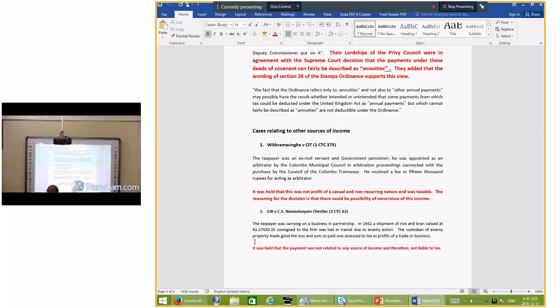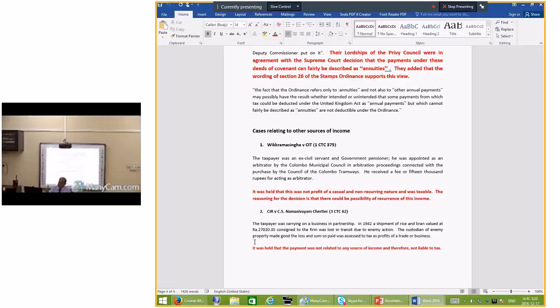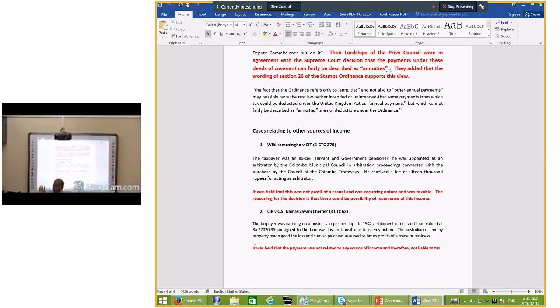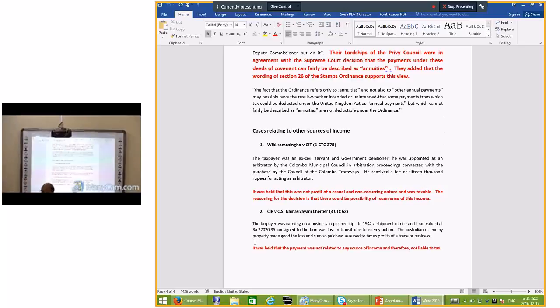But the gentleman was a taxpayer and he said this type of income is not recurring again, it is casual and non-recurring, and therefore not taxed. See the act section F, we say income from any other source whatsoever, including profit of a casual and non-recurring nature. That gentleman described it as non-recurring nature and did not pay tax.